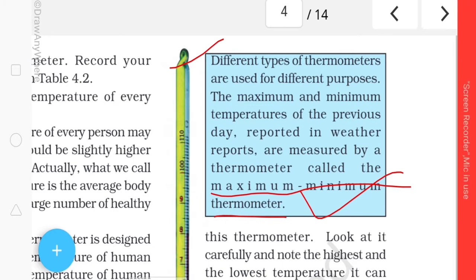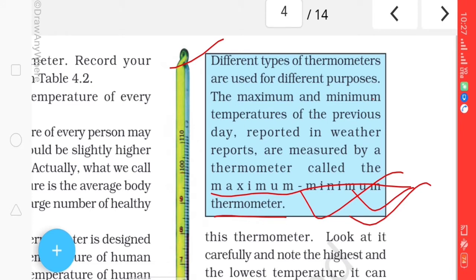Now maximum means the highest temperature, and minimum means the lowest. The low temperature is the temperature of the morning, since we know in the morning the temperature is very low compared to noon time. So the temperature of morning will be measured by a minimum thermometer, and the temperature is highest at what time?